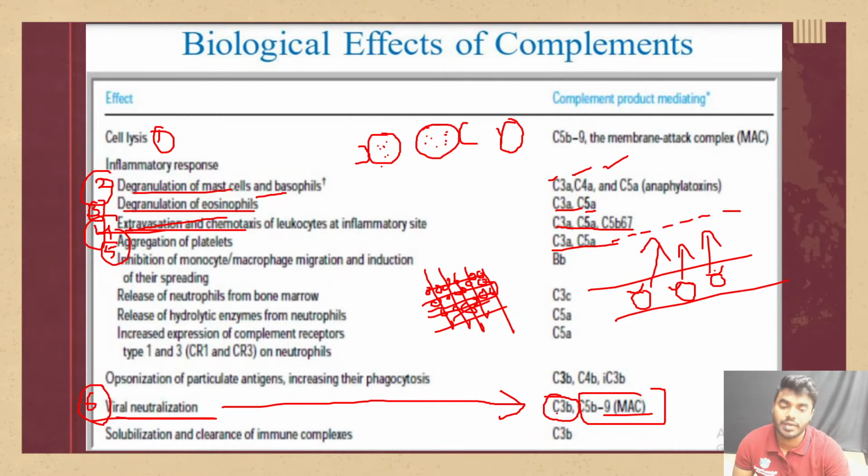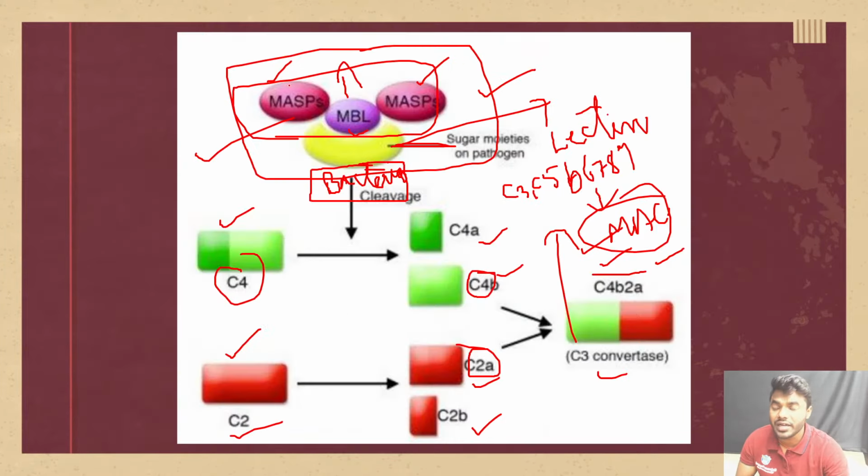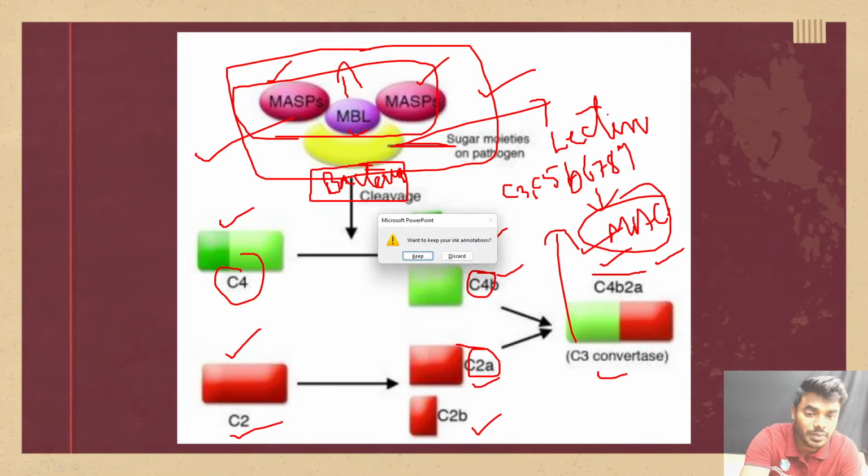There is no doubt about it. So it has to be formed compulsorily. Do not get confused with that point. Okay, so that's the simple biological effects of the complements, which you have to remember compulsorily for the exam. Please do not get confused and do not forget. Okay, you have to remember this.